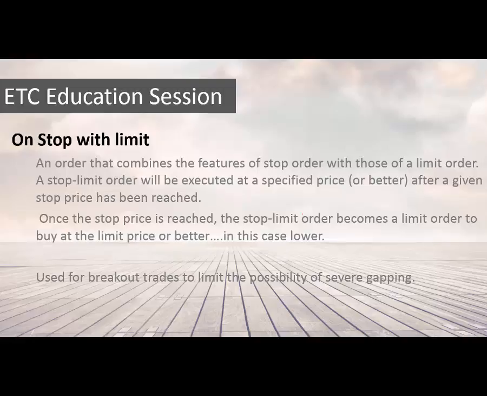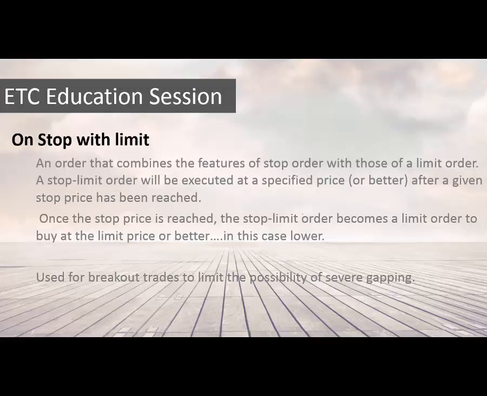By placing an on-stop order with a limit, that caps or contains the price. Now, if price doesn't open within that window between where you are placing the on-stop order and the limit, if price doesn't open within or trade within that window, then your order will not be filled.